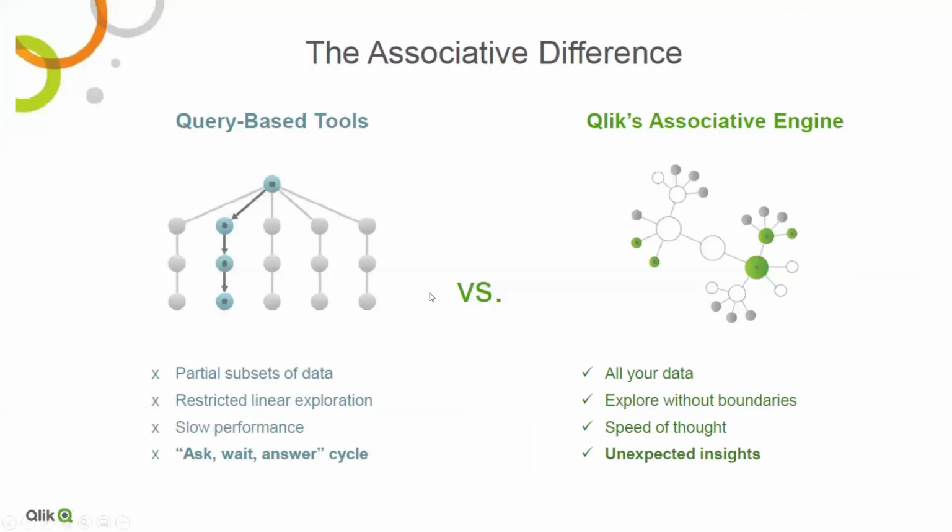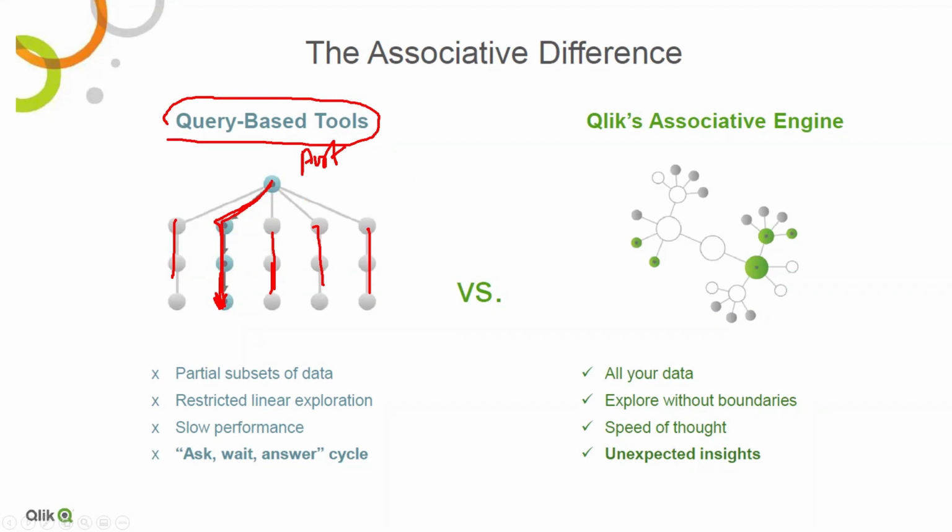Now, let's go back to our content. So in query-based tools, you can just go in one direction when you are doing analysis, right? You don't have visibility to other sides of it. Now, for example, when I'm selecting a country, Australia, I can just go into that dimension further. I don't know for Australia what are the connected departments, what is the age of those departments.